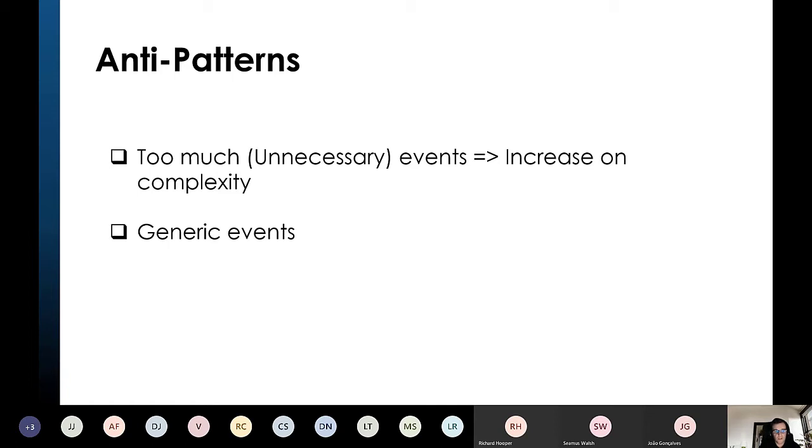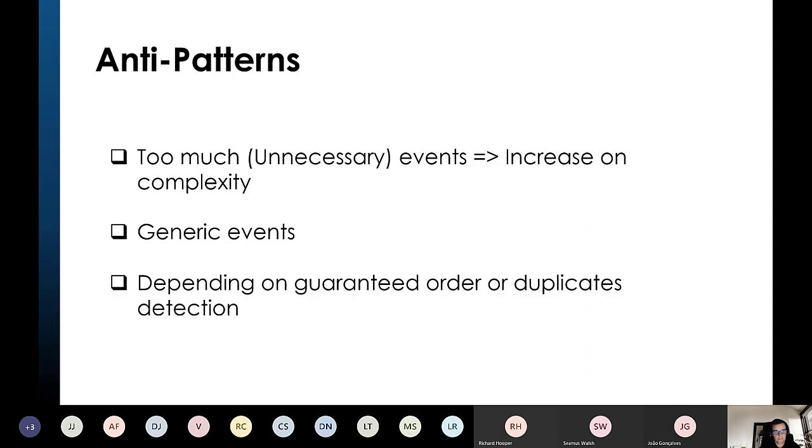Also, using generic events makes our system hard to understand and makes it hard to manage the logic in the services processing those events. Also, depending on the design of our applications, your service should not depend on the order of the events or even on detecting duplicates.